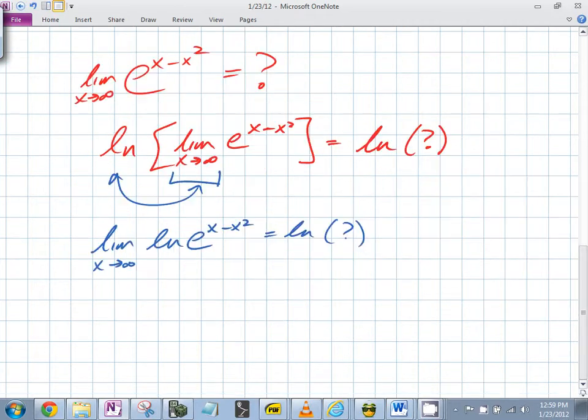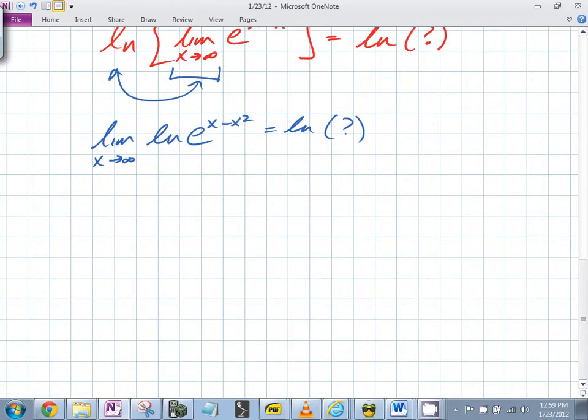Now what can you bring to the front? x minus x squared. So you can have the limit as x goes to infinity of x minus x squared, right? Of the natural log of e equals the natural log of question mark.